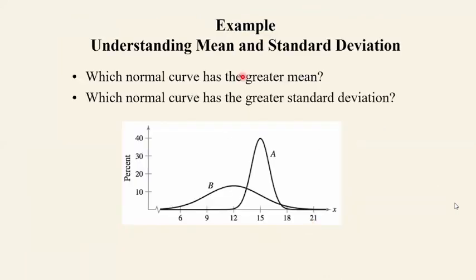Now we are looking at this example. Looking at these curves, can you say which normal curve has the greater mean? There are two normal curves, A and B, both symmetrical about their mean values. According to the appearance, which normal curve has the greater mean, A or B?